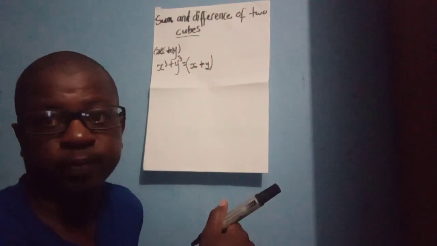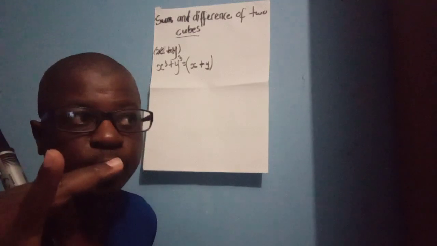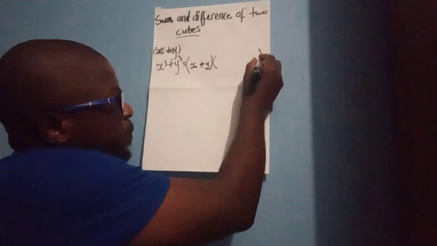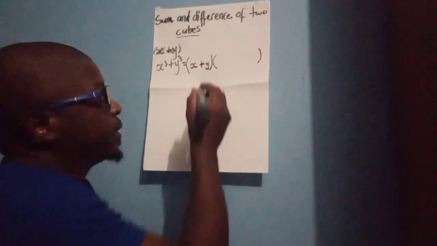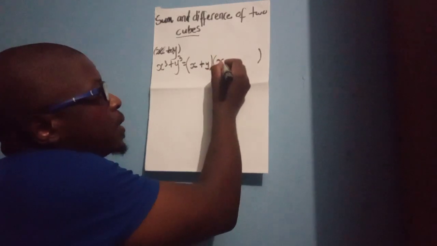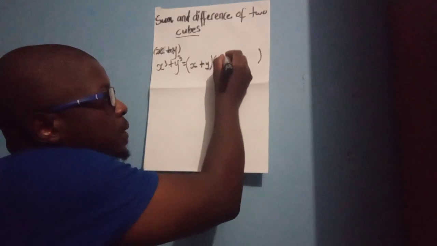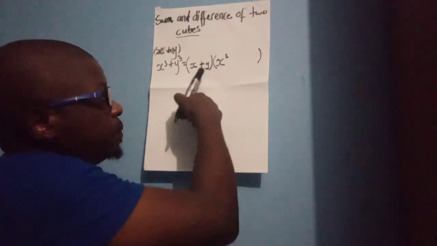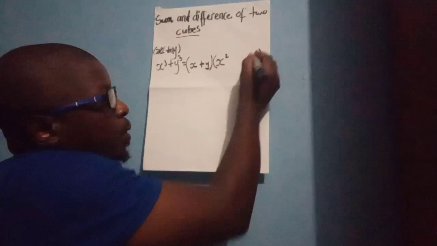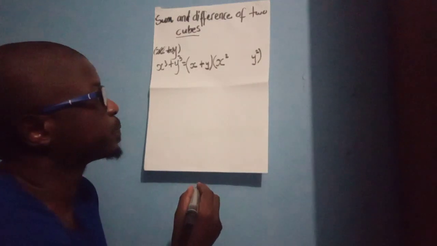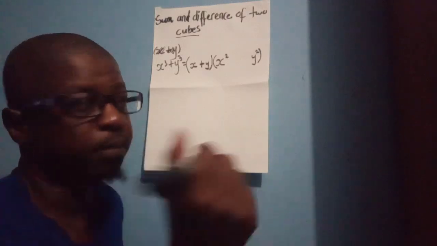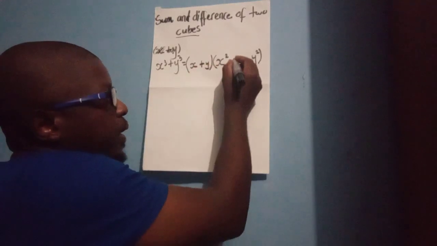Quite easy to follow. And then since I say I'm going to have two brackets, in the second bracket I'm going to have my first term squared, and then the last term also squared, but we are going to have a mid term which is x times y.